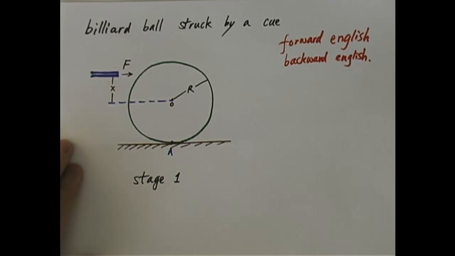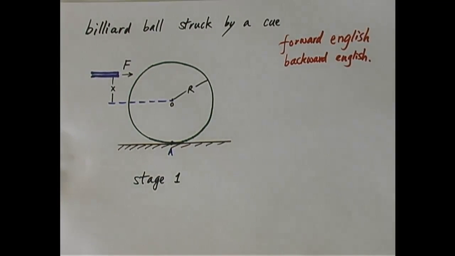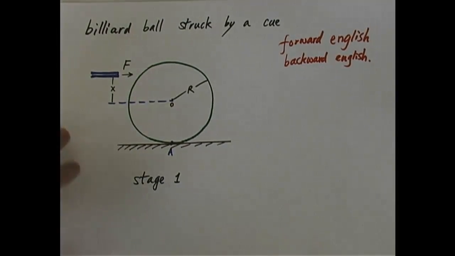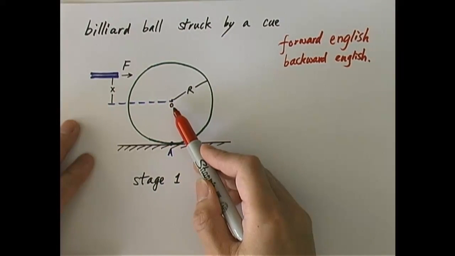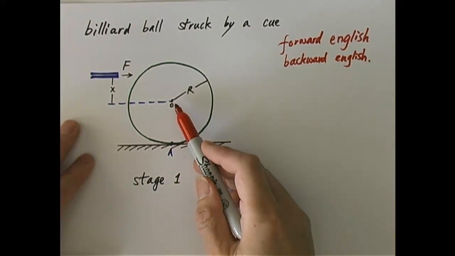From the previous example, we learned that sometimes it's a good idea to mentally separate the process into several stages or several steps. Here, let us look at the motion of the ball. We separate into 3 stages. Stage number 1, the cue gives a horizontal impact to the ball, and that is a very sudden process.